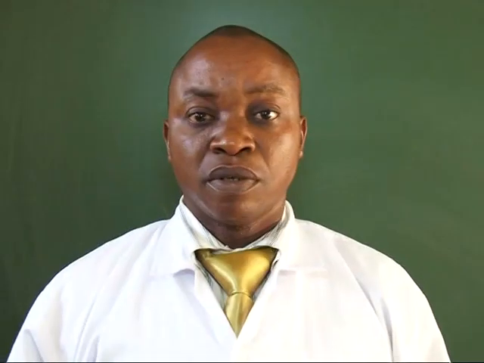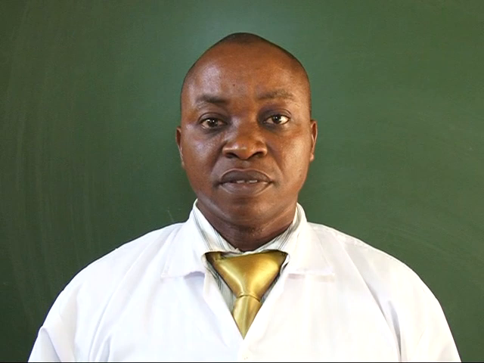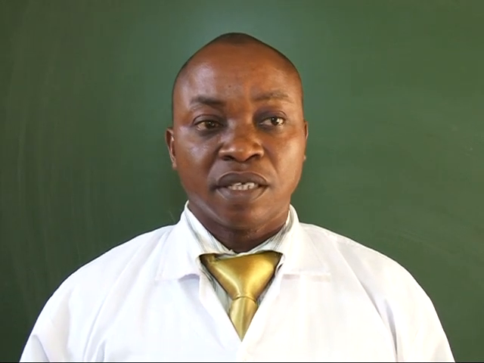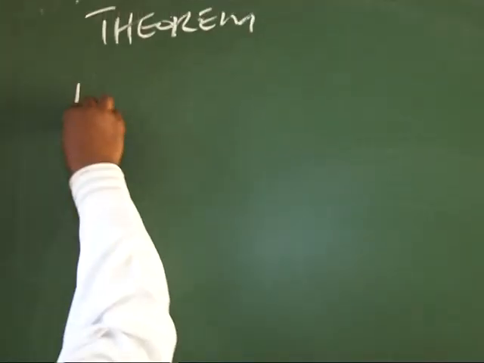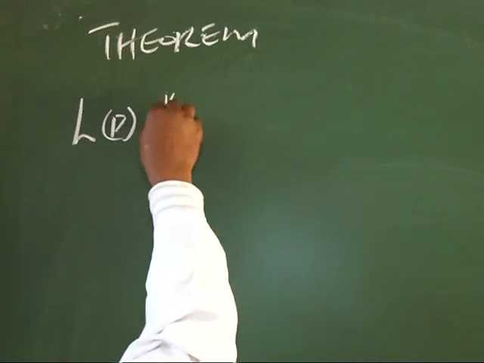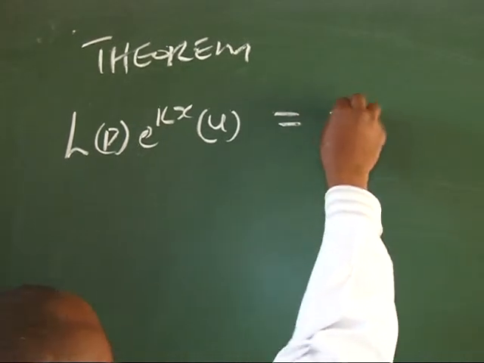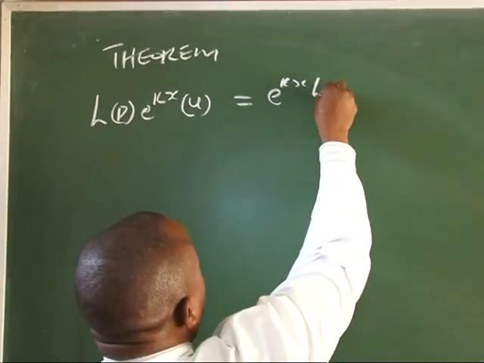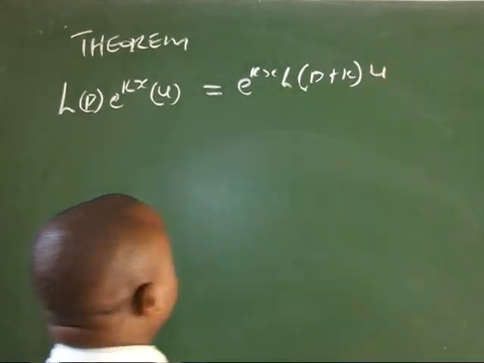We want to pick another theorem that will help us to understand operator D in using it to solve differential equations. Now we have that L(D) exponential kx of u will be equal to exponential kx L(D plus k) u.